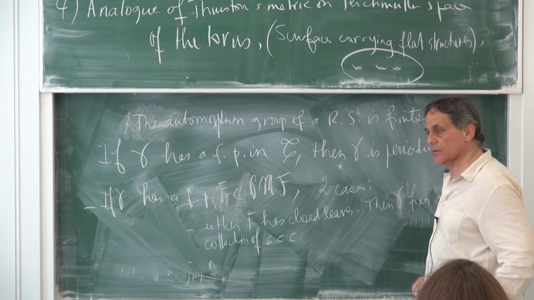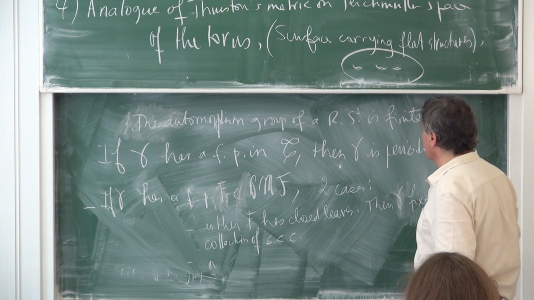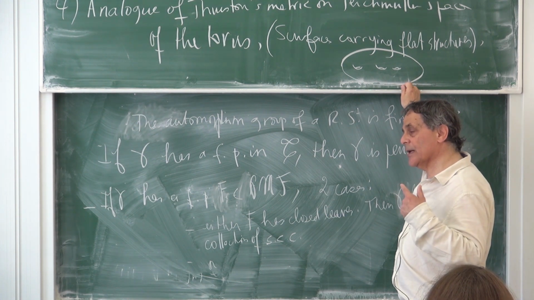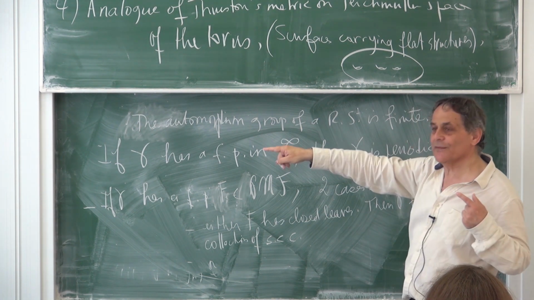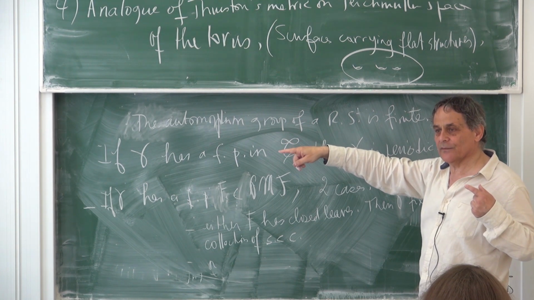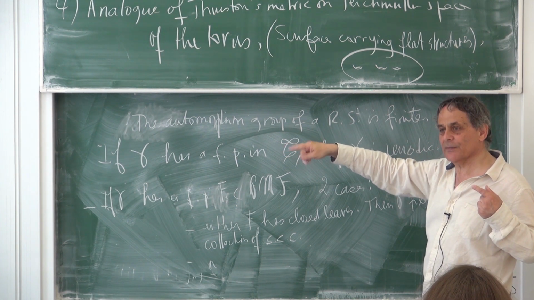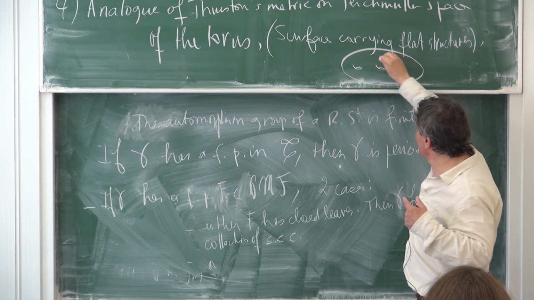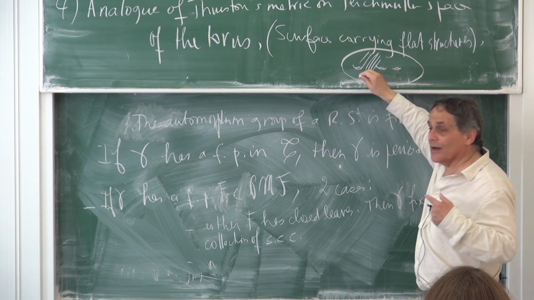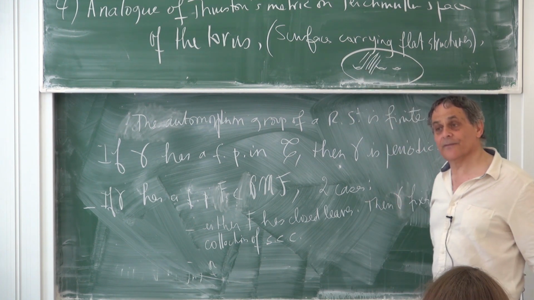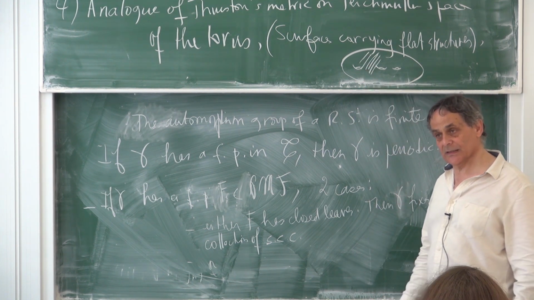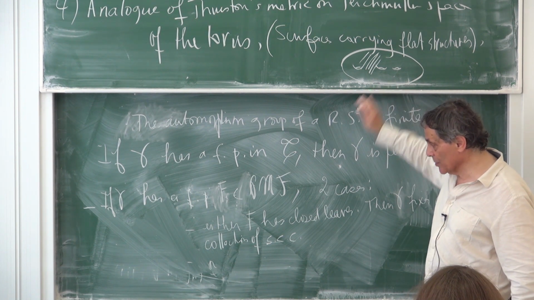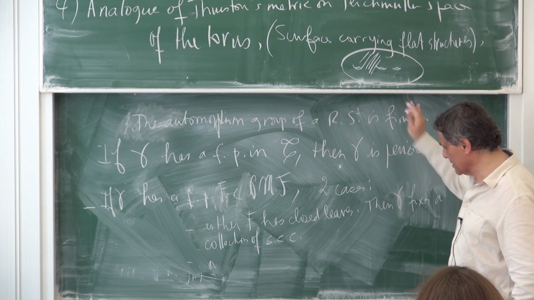Before I talked about the symmetry of a hyperbolic metric or of a complex structure, but we can talk also about the symmetry of a measured foliation. It will not appear here, but it's an important issue.